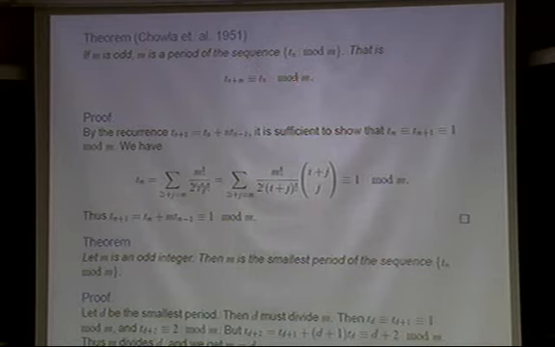That is, the number of involutions satisfies this modular equation. The proof is very simple because we can easily find this recursive relation for the number of involutions. Because of this recursive relation, it is sufficient to show that Tm and Tm+1 are 1 modulo m, because T0 and T1 are 1.